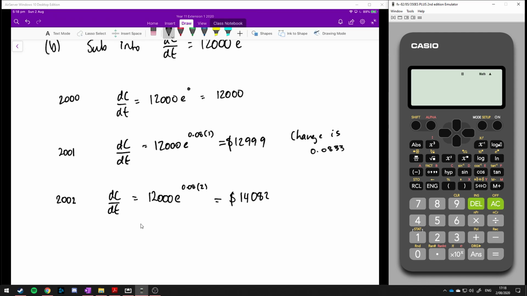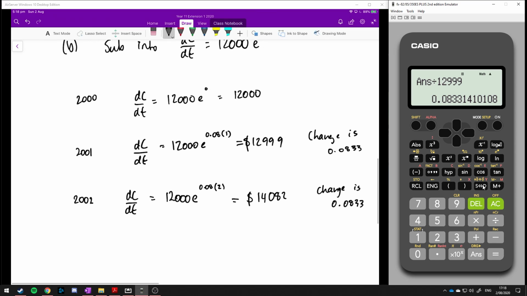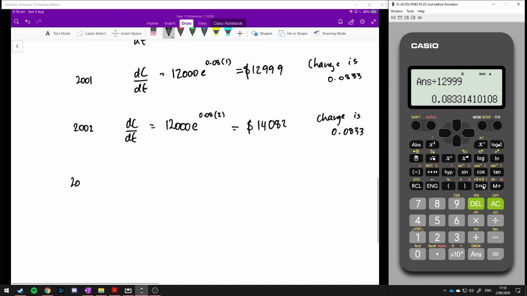And again, by doing this change, the change is going to be 14082 minus the amount before equals that. And we're going to divide that by the amount we started with for that year. And again, we're going to get the change is 0.0833 again.